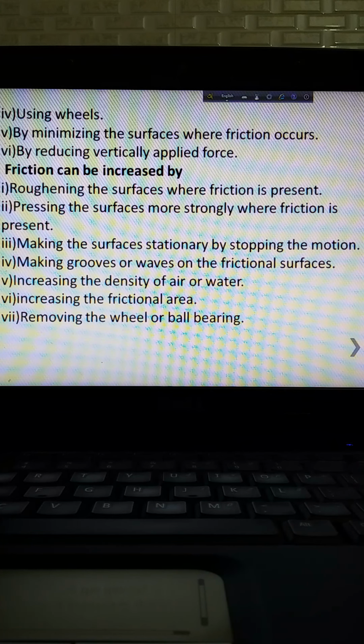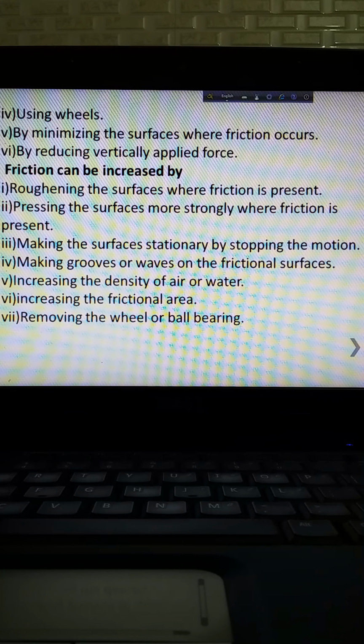So if we can increase the density of that fluid, that will increase the barrier, and so that will increase the friction. Increasing the frictional area, if we can increase the contacting or frictional area, that will also increase the friction.